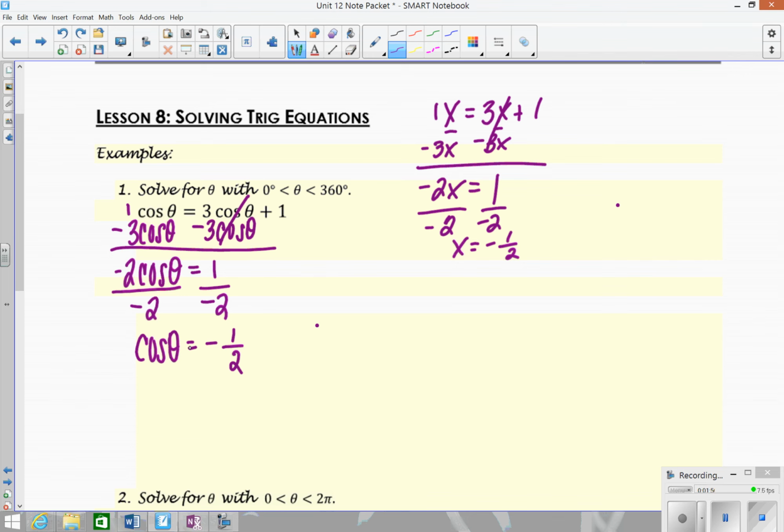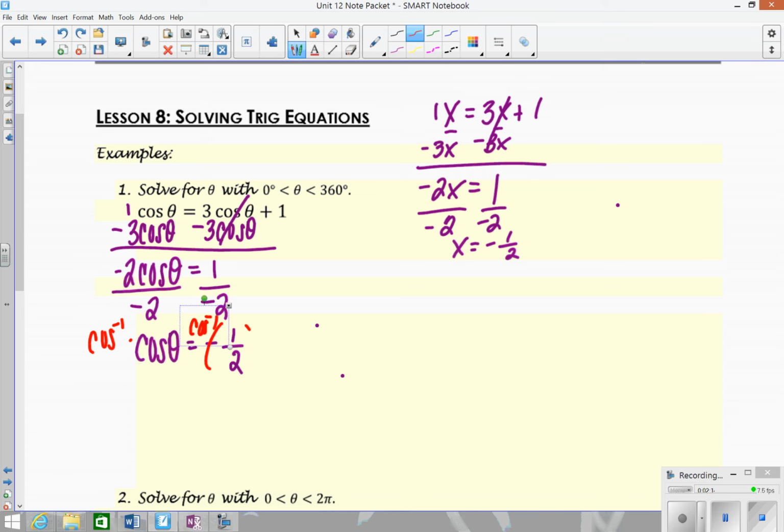Now that we've looked a little bit at how to solve for an angle when you're given what cosine of that angle equals, and we've also looked at reference angles, there are a couple things you can do here. If I want to find the angle, I need to take cos inverse of both sides.